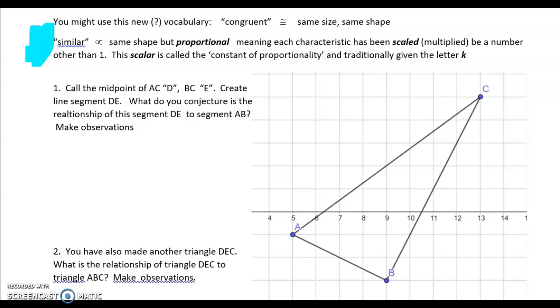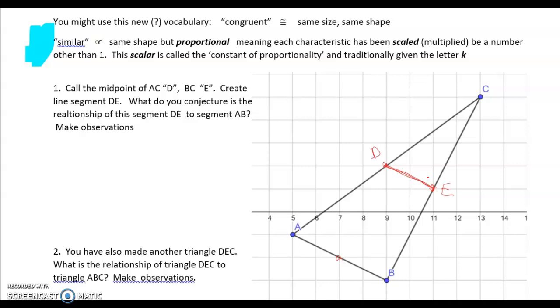So first, let's take a look at our midpoints here. I made them all nice, as you'll see on the key. Maybe you did this already, or you're going to do it, but I'll just show you where the midpoints are going to be. For AC, they've said call this D, and BC, we're going to call this E, and they want us to make this line segment.